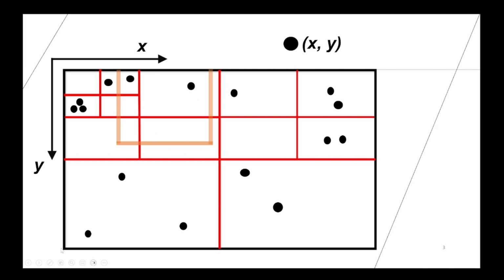I can skip these 3 rectangles because they do not intersect with this area. And within this subrectangle, we don't need to consider the one on the bottom because it's blank. What we need to consider is this one on the right and this one on the left.